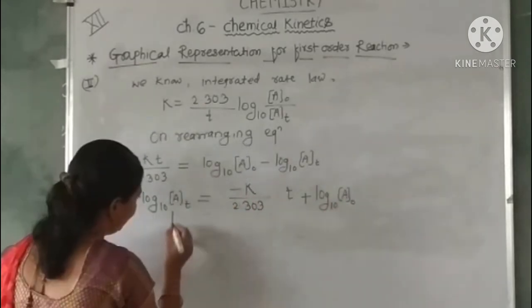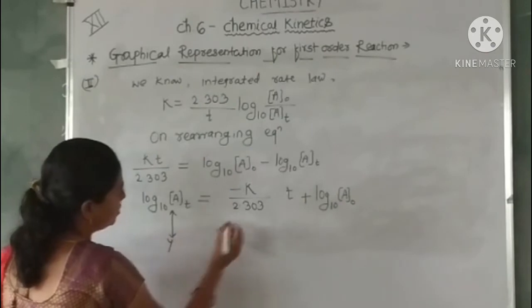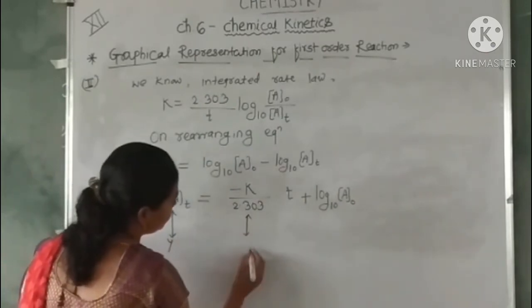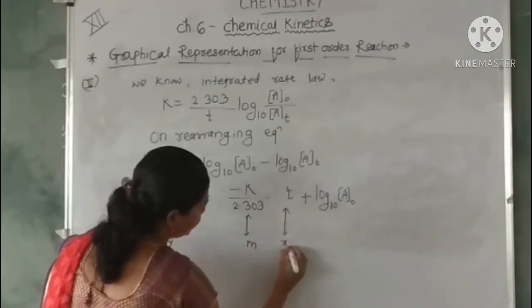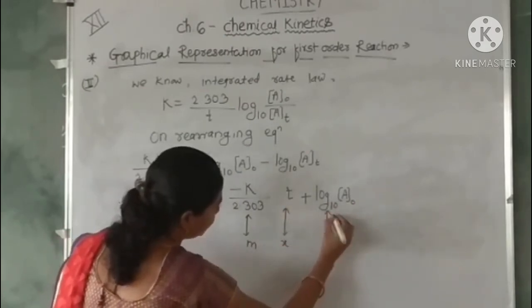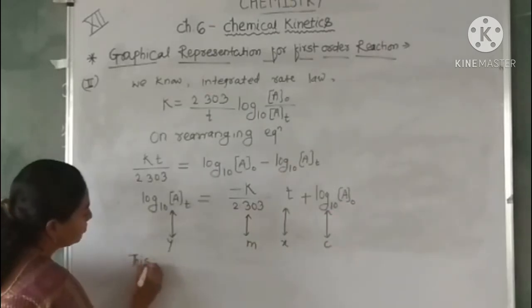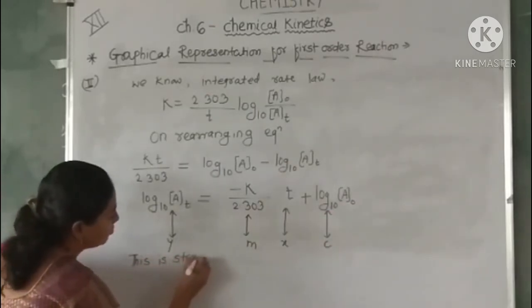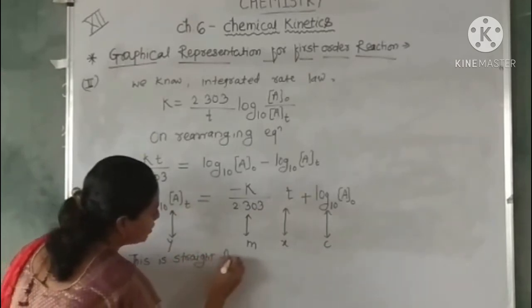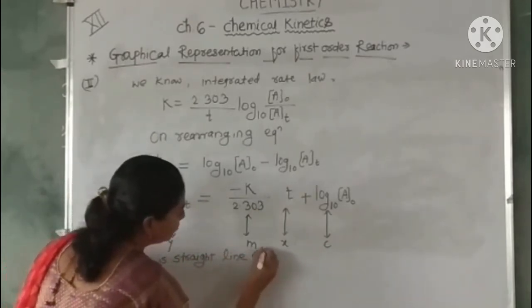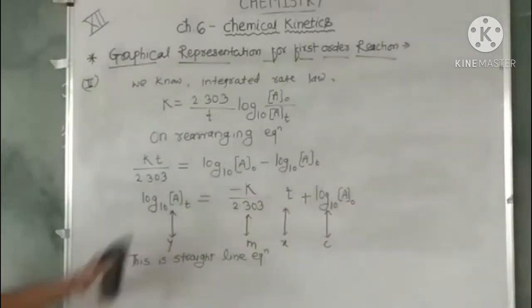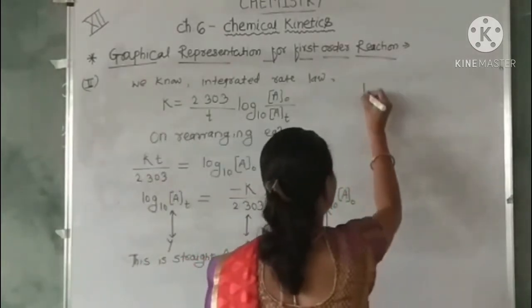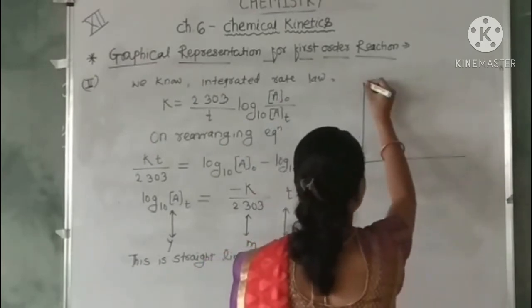That means it is in the y is equal to mx plus c form. Here it is x and it is c. This is the straight line equation. If we plot log to the base 10 A0 versus At, we have the graph as it looks here.